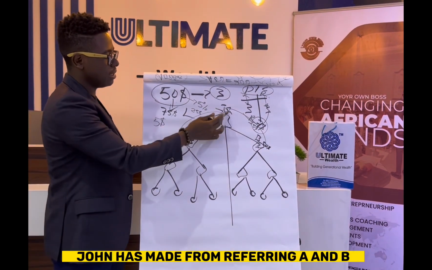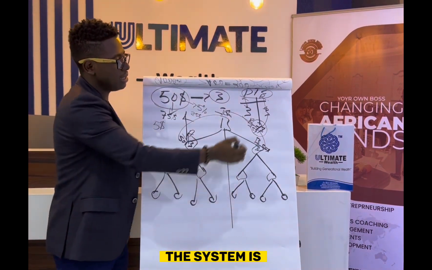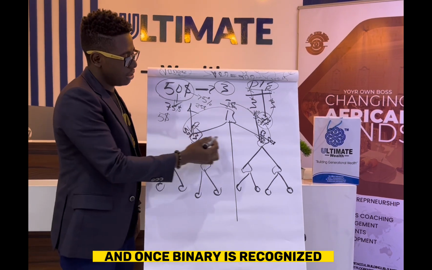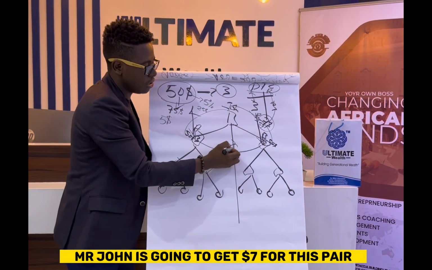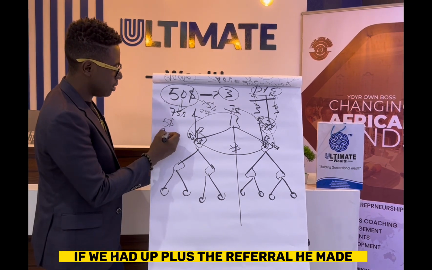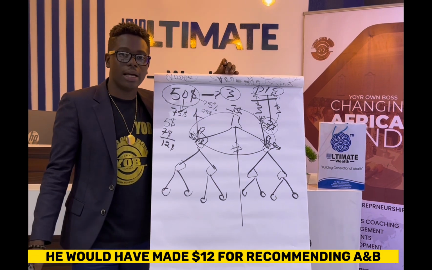Aside from the money that Mr. John has made from referring A and B, the system is aware of these points, and once binary is recognized, Mr. John is going to get $7 for this pair. If we add up the referral he made, he would have made $12 for recommending A and B.